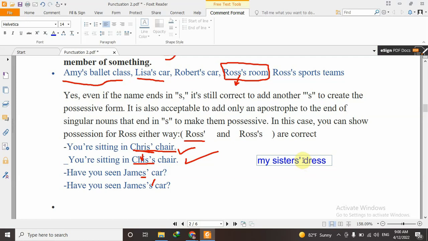I can't write the possessive s also here. Why? Because this is a plural noun and there is the plural s.